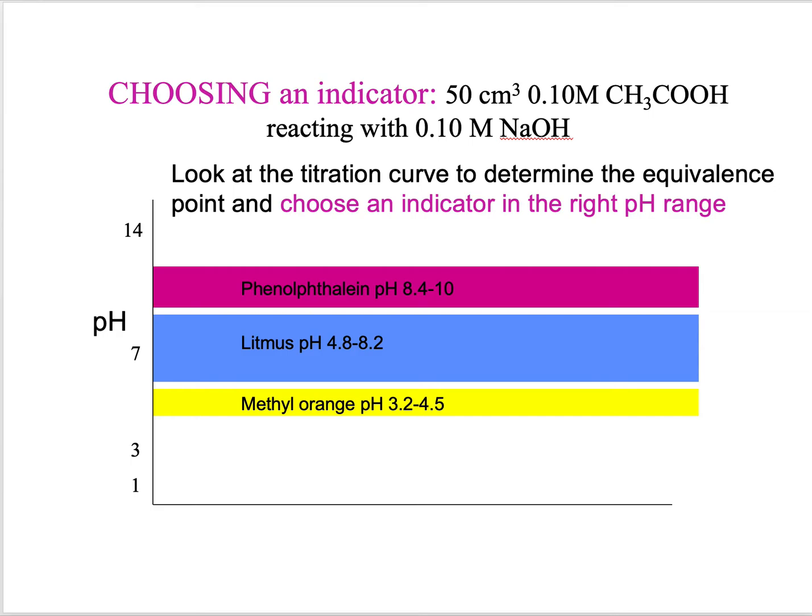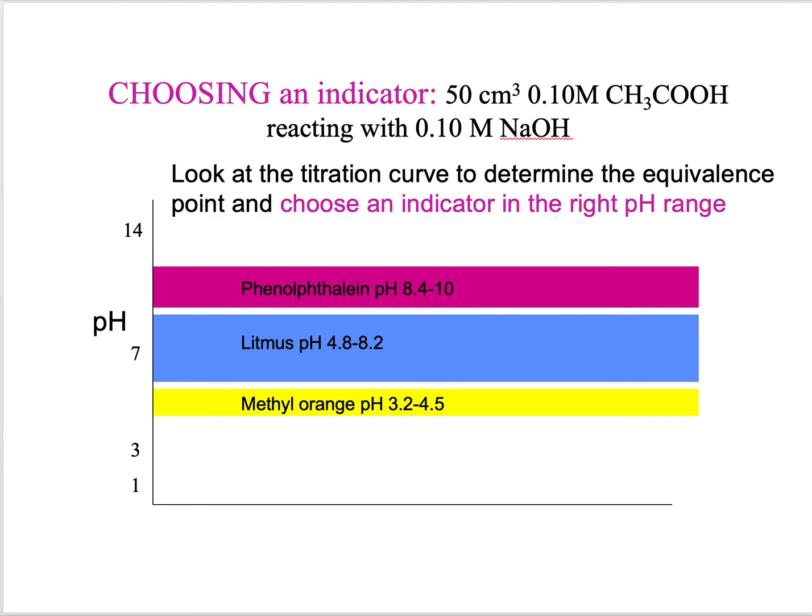And here we've got 50 centimeter cubed of 0.1 molar ethanoic acid reacting with 0.1 molar sodium hydroxide, and you need to draw a titration curve and determine which indicator you will need for the equivalence point.